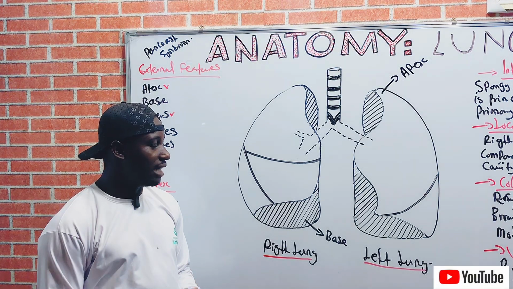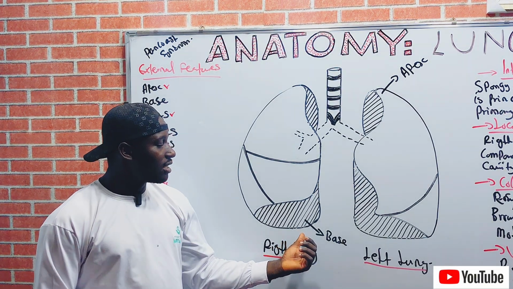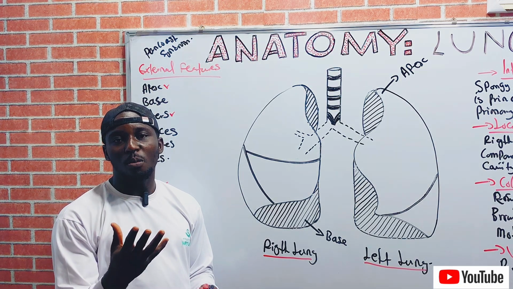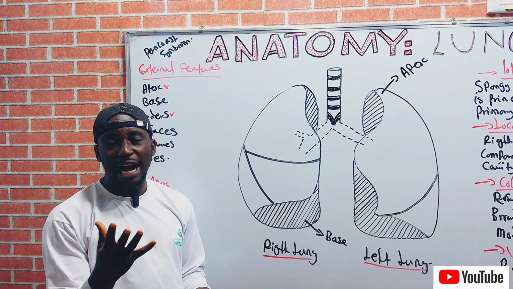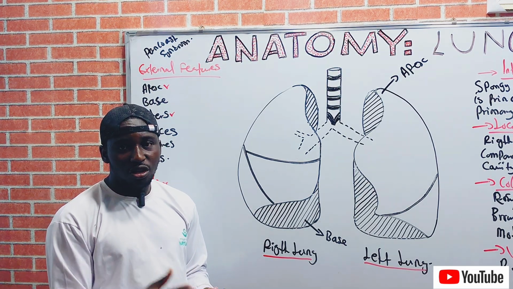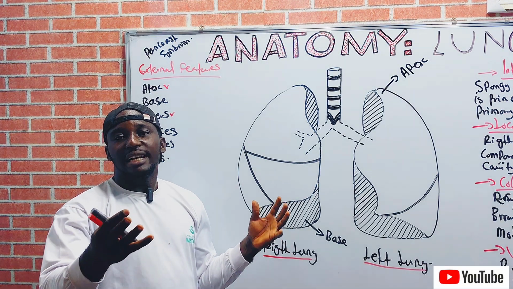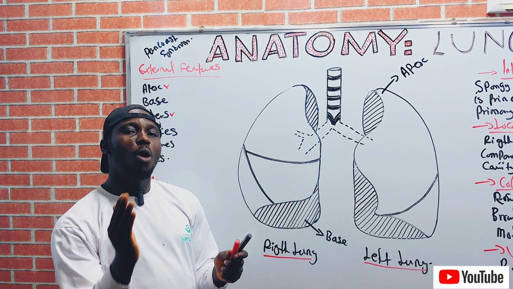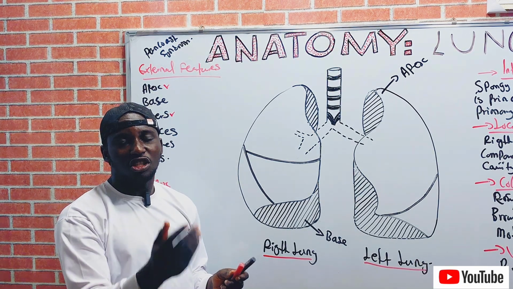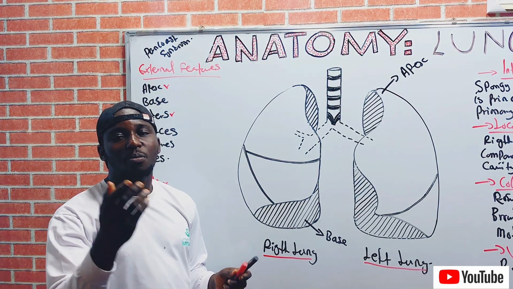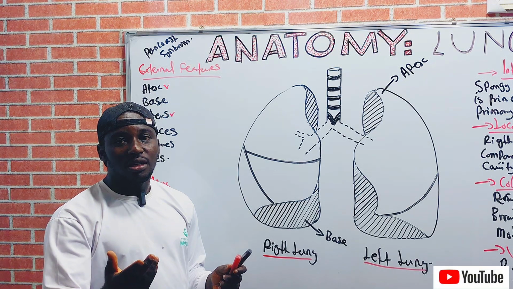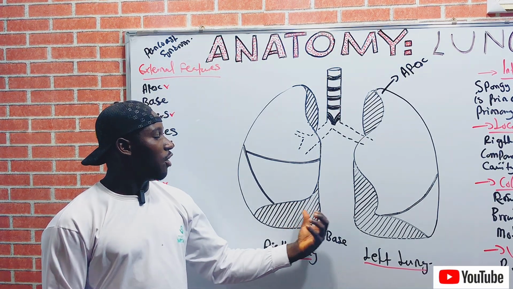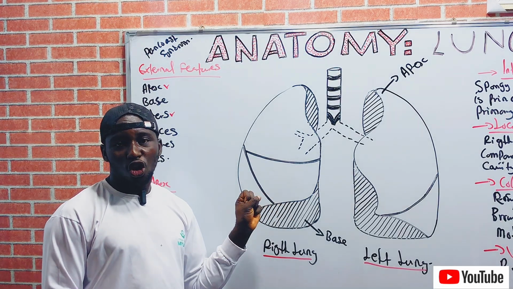You have to understand that the base of the right lung is deeper or more concave. It is deeper because the right dome of the diaphragm is more superior, as it accommodates the liver. Because it accommodates the liver, the base of the right lung is more concave.